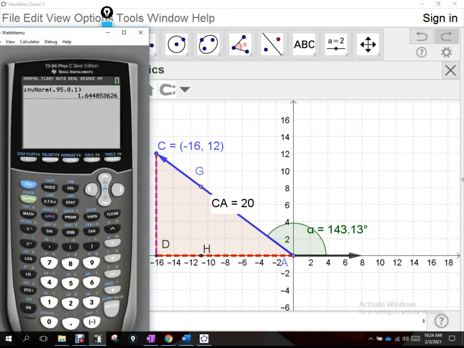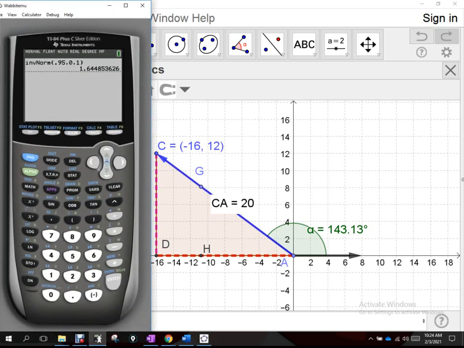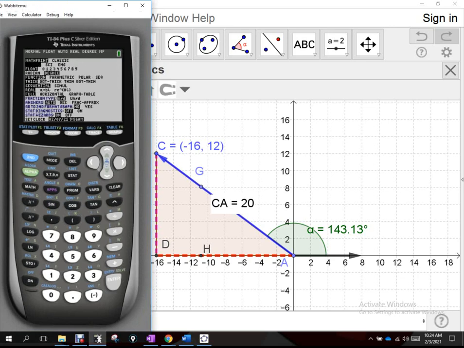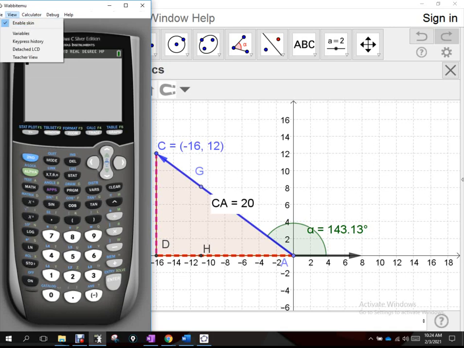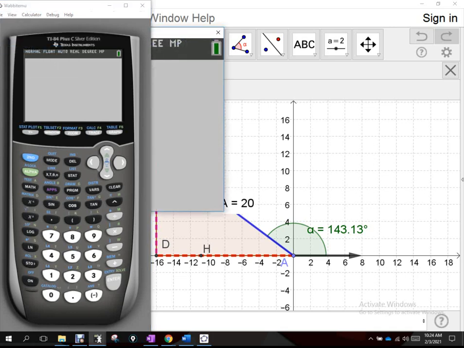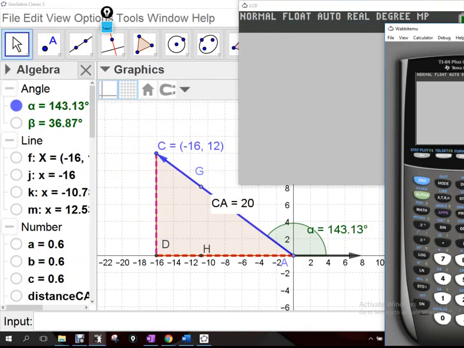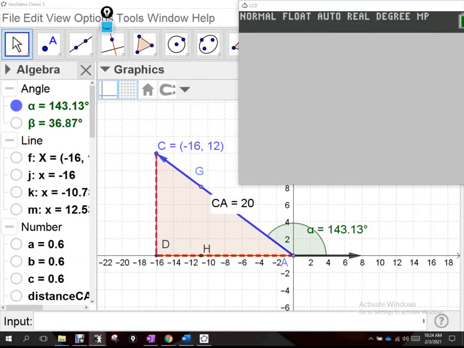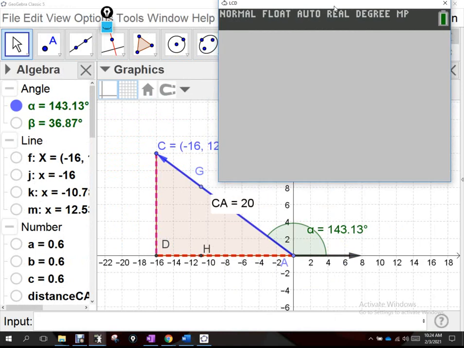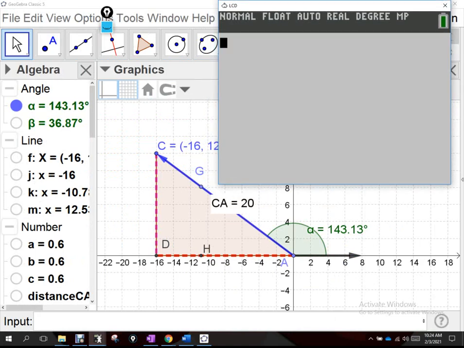Actually, first thing, go to your mode. Because we're working in degrees, just go make sure that your degree option is toggled on. I'm just going to put the screen here so you can see what I'm typing in as well.